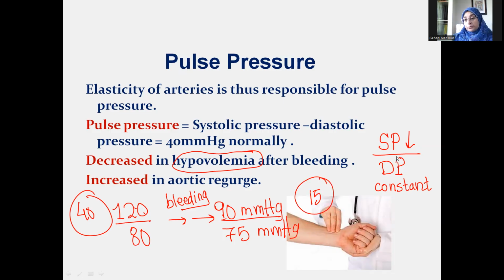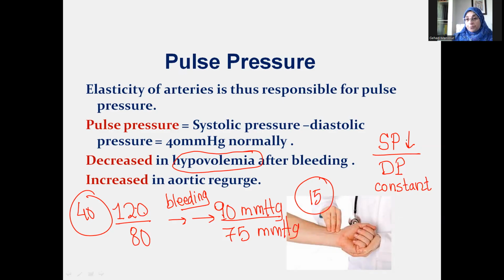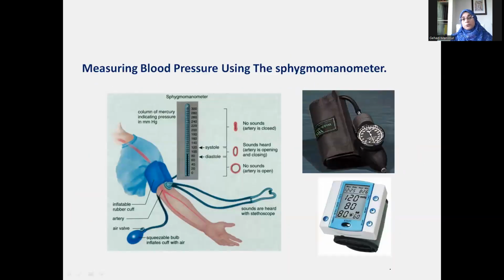And it is worth mentioning that the systolic blood pressure depends mainly on the cardiac output, or the pumping function of the heart, whereas the diastolic blood pressure depends mainly on the total resistance of the blood vessels, meaning how constricted the blood vessels are, okay? So this is related to the pulse pressure.